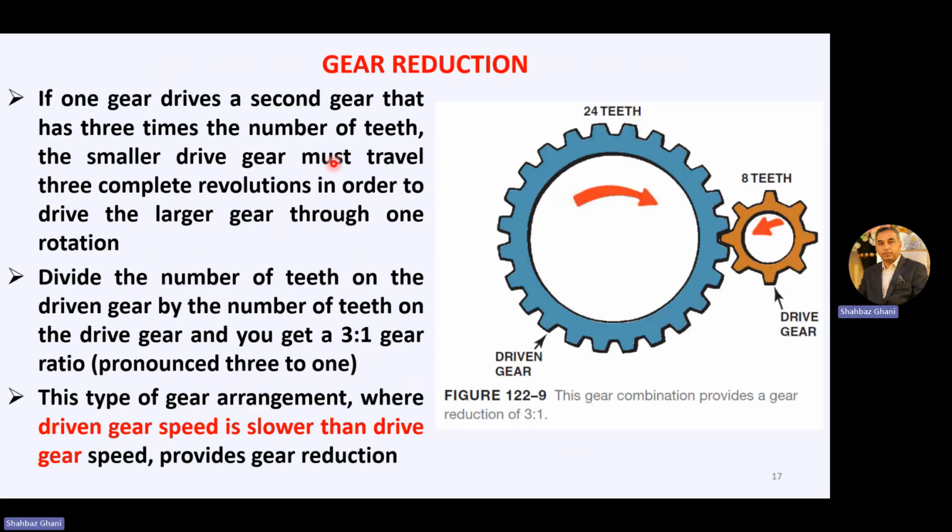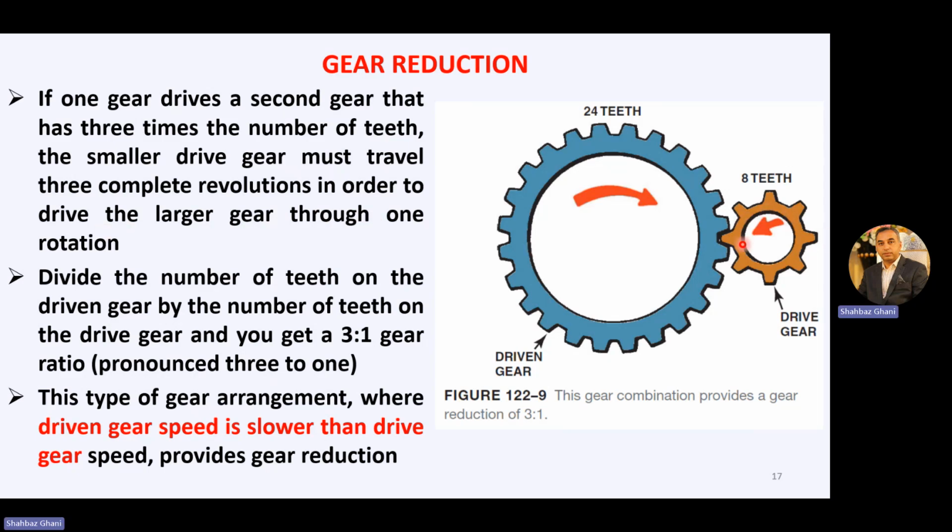Now, the second case, the gear reduction. The same previous figure. If one gear drives a second gear that has 3 times the number of teeth, the smaller drive gear must travel 3 complete revolutions in order to drive the larger gear through one rotation.